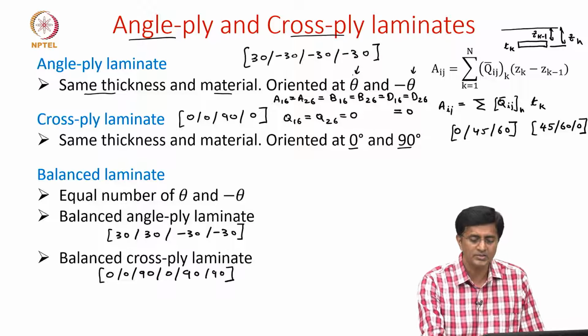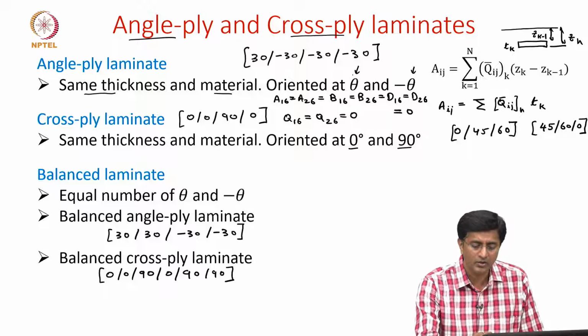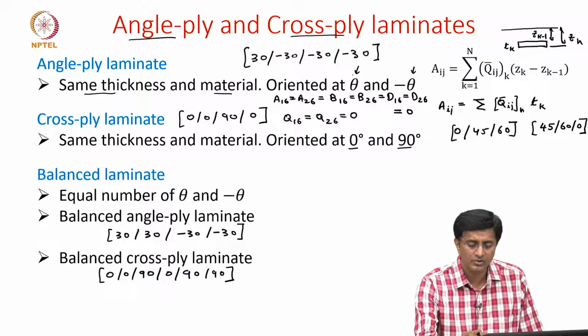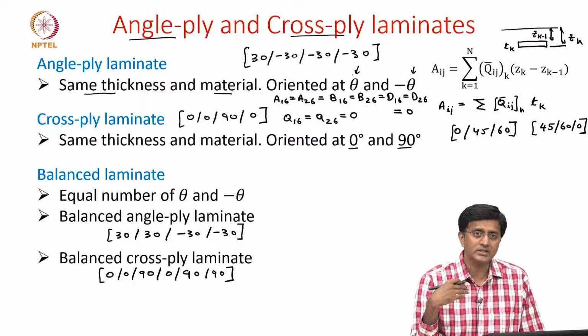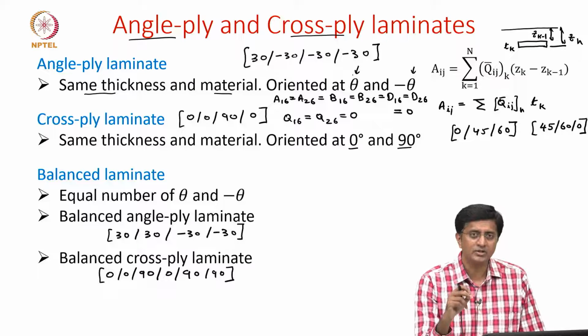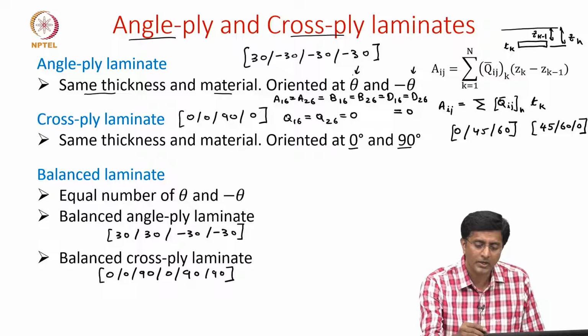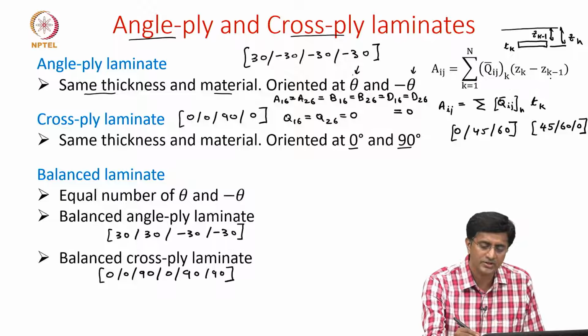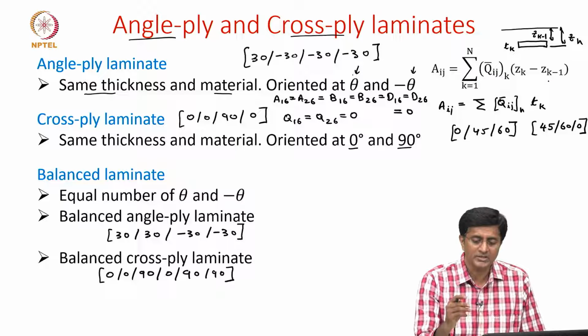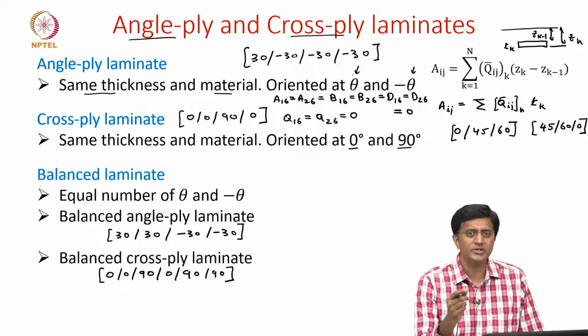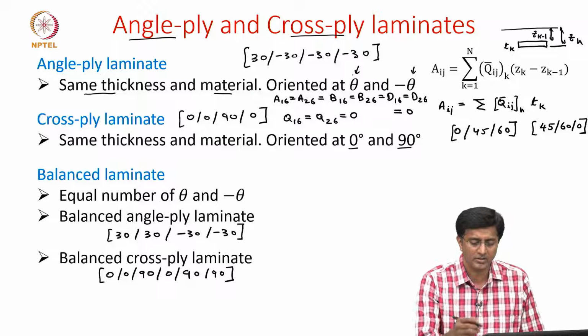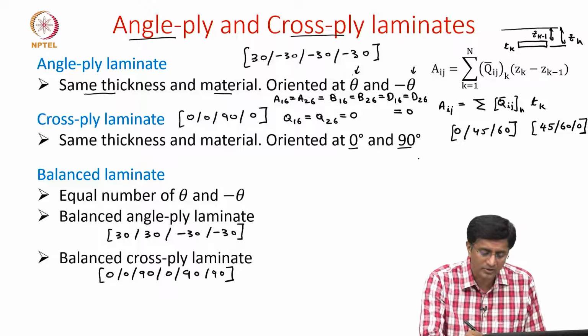The answer is yes, because if we look at this expression for A, it is the summation of the Q matrix times the thickness. So where does the sequence come into this expression? The sequence comes in through the Zk minus Zk minus 1, but since we are simply replacing it with the thickness, it doesn't matter. So for example, in the first case, how can we write the A matrix?